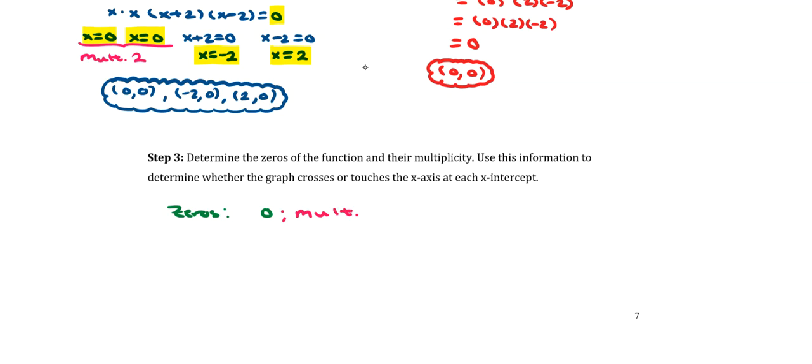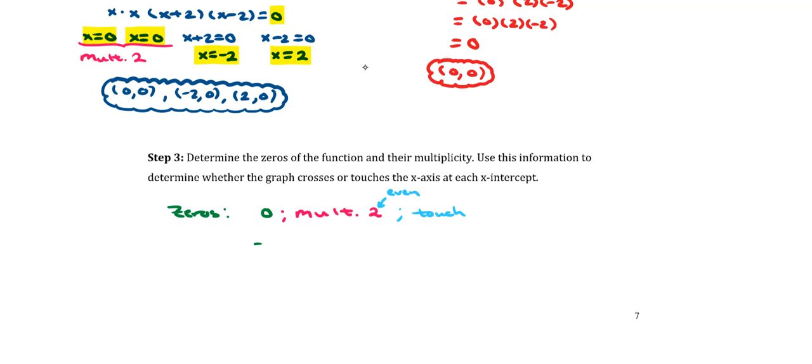So we'll say mult 2. And because it has a multiplicity of 2, and 2 is an even number, what the graph is going to do is touch the x-axis at that x-intercept.